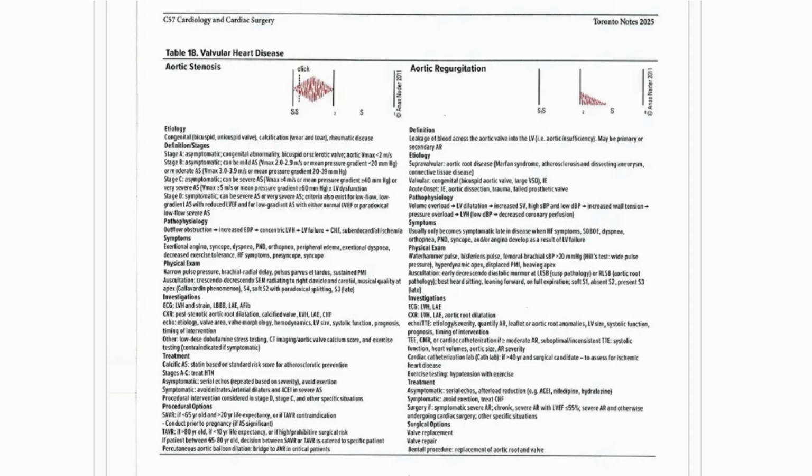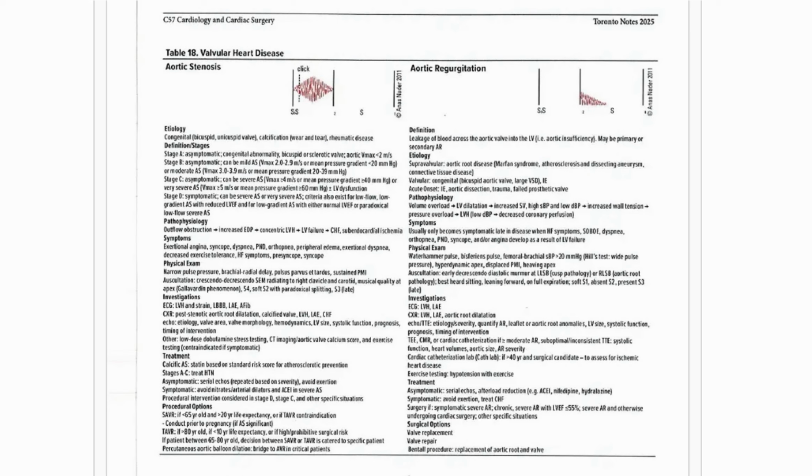Etiology. The causes can be divided into diseases of the aortic root and diseases of the valve itself. Supravalvular causes include Marfan syndrome, aortic root dilation, atherosclerosis, aortic dissection, connective tissue disorders.